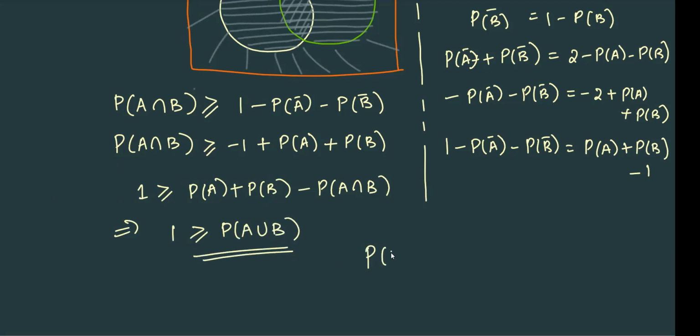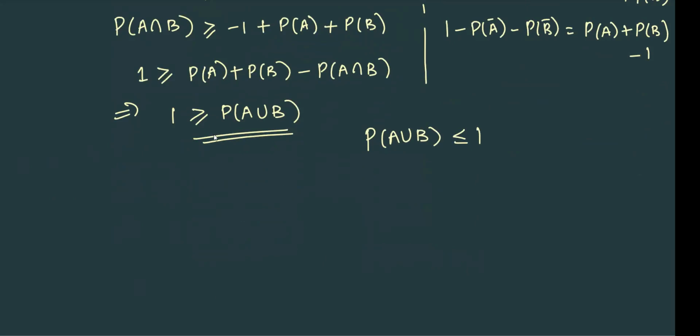P of A union B, by definition, any probability will be less than or equal to 1. So which means go reverse. P of A plus P of B minus P of A intersection B will be less than or equal to 1.